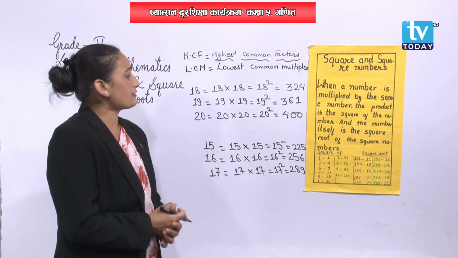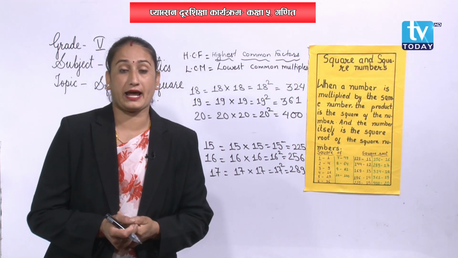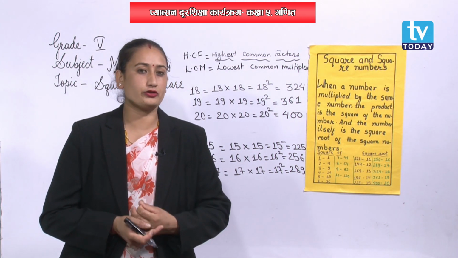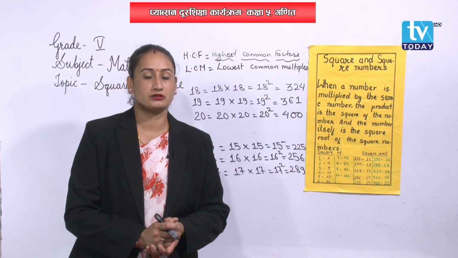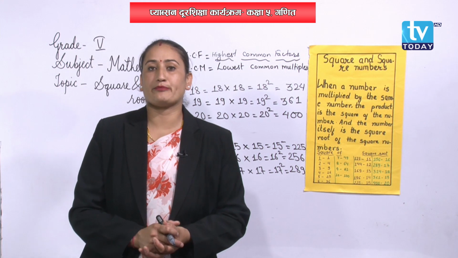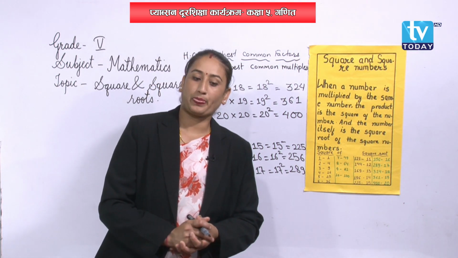Okay. Now, students, we have discussed how to take out the square numbers, right? Do you have any idea how to find out the square root? Okay, let's have a look at the square root.